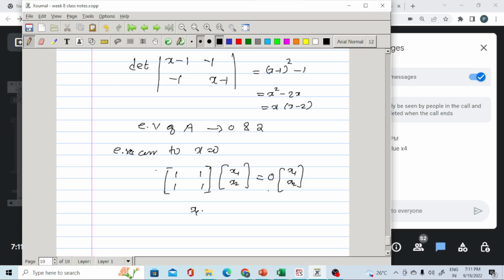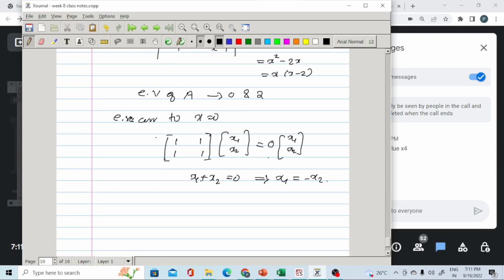So this means x1 plus x2 equals 0. Solving both equations, we get x1 plus x2 equal to 0, or x1 equals minus x2. If we take 1, minus 1, then the span of (1, minus 1) will be the characteristic space associated with the eigenvalue 0.